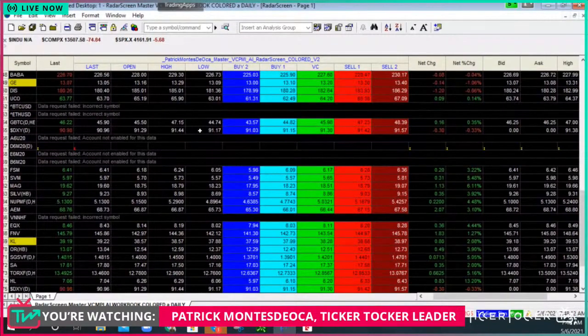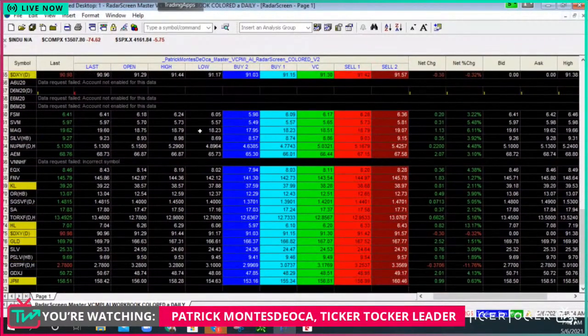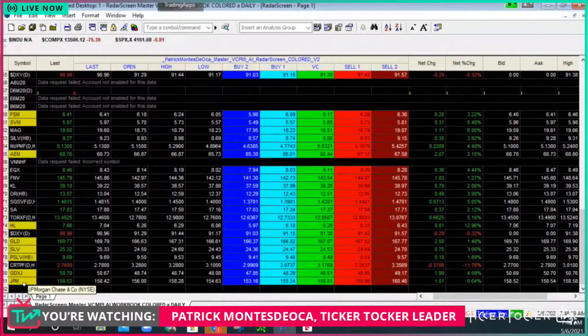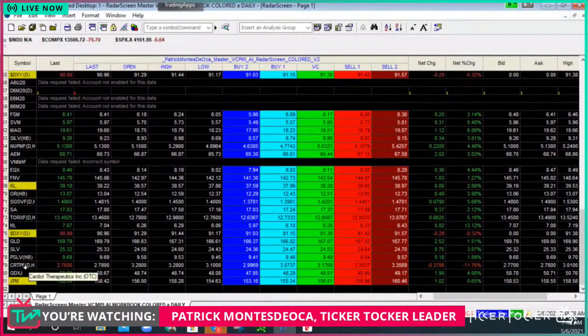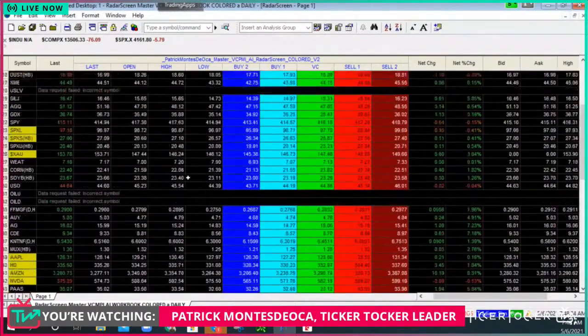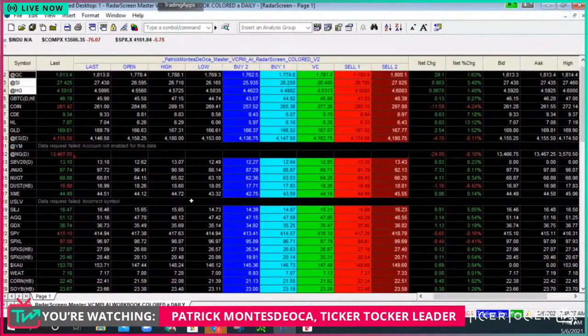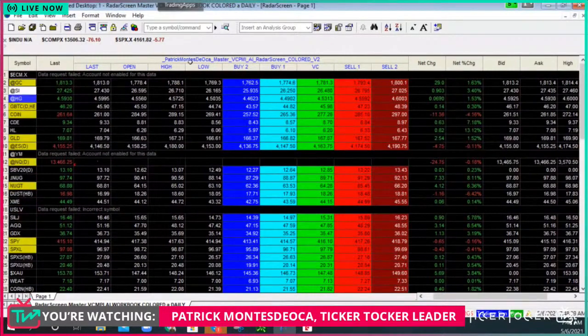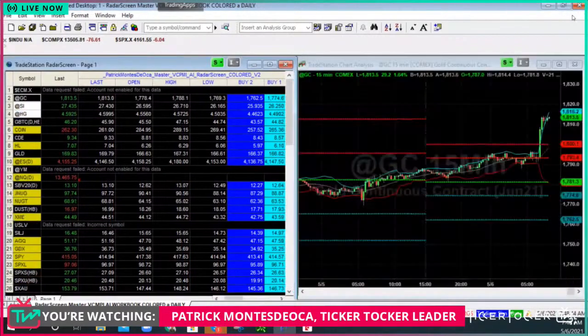We're covering gold mining shares, silver mining shares. And we cover JP Morgan as well. So it is up to you, again, as an individual trader, to take the intelligence and apply it in your own portfolio.